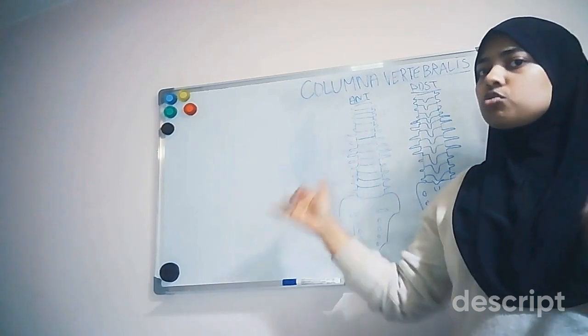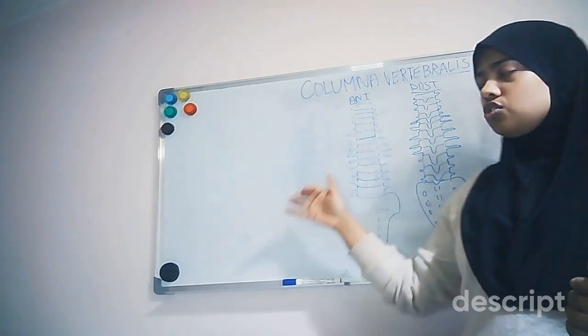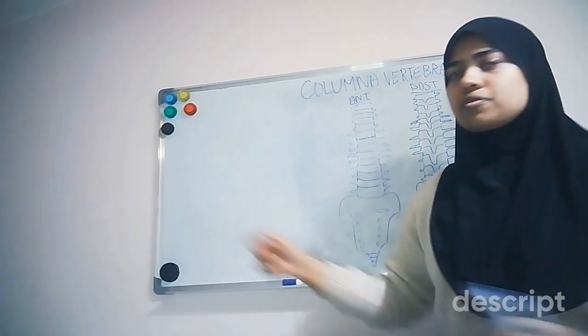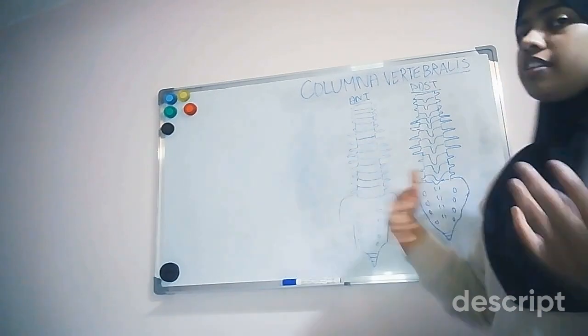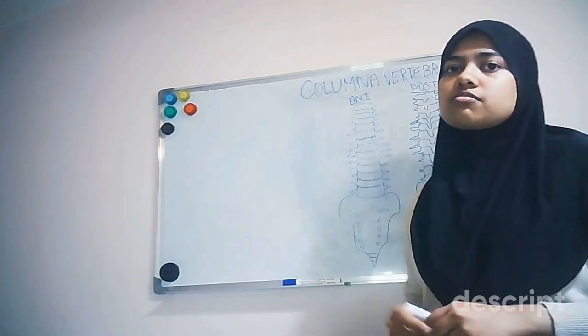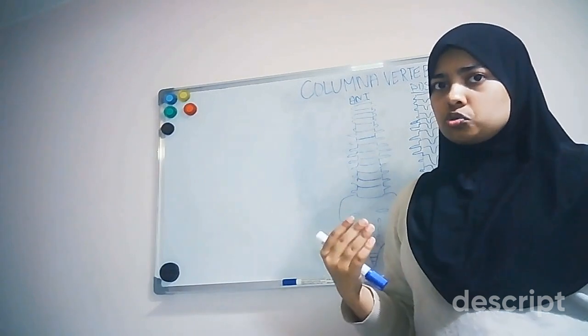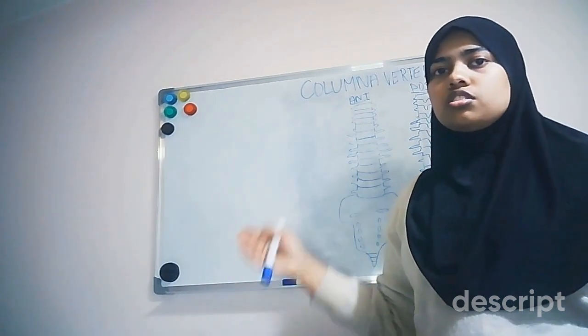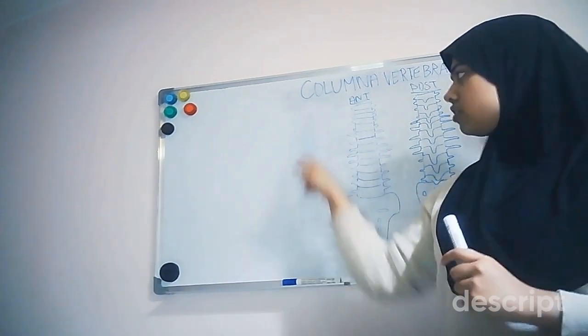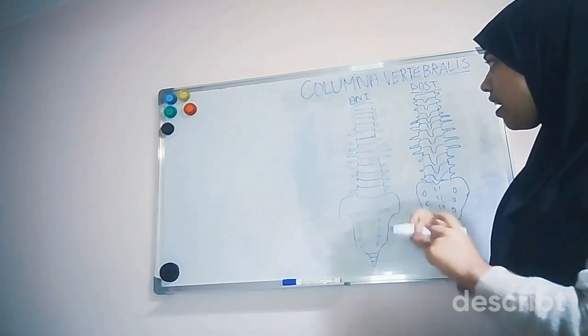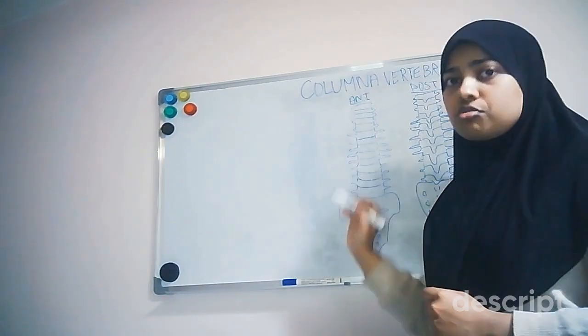They are called processus in Latin. So protrusion, processus. Since these protrusions are horizontal, and another word for horizontal is transverse, we call it the processus transversus. So the protrusion that is horizontal. Processus transversus.